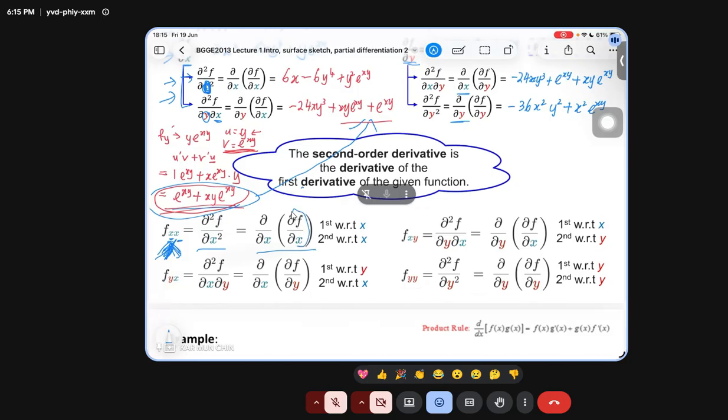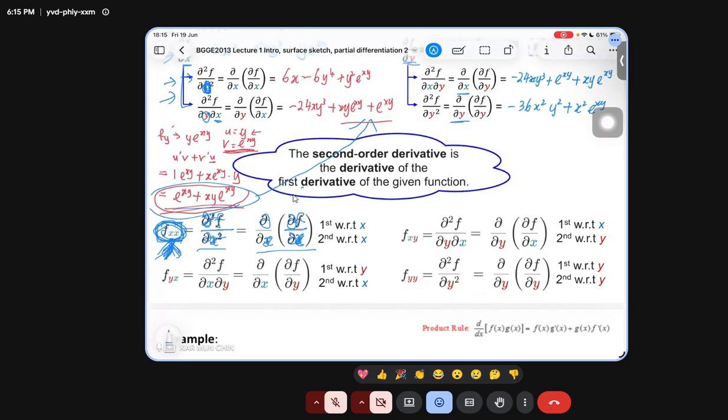So this is the first order derivative, delta f with respect to x, and the second order also with respect to x. Or it will be written as delta squared f over delta x squared.